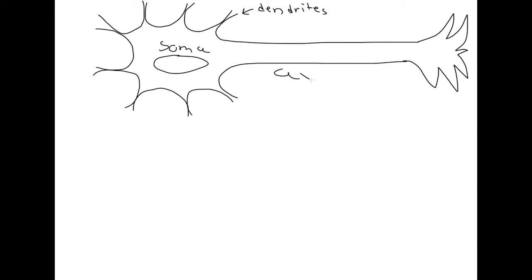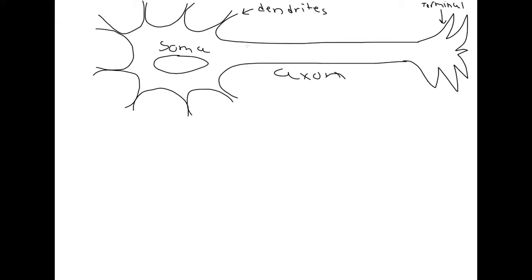And this is your axon, and this is your terminal. Your axon conducts signals across the actual neuron, and then once it's conducted across, your terminal will send that signal to another cell, to another neuron. And that's how you think.